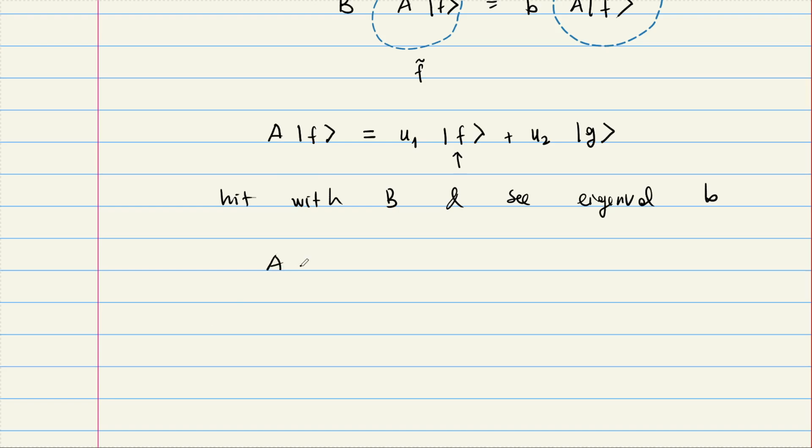So A times G is equal to U3F plus U4G. So it seems like F and G are eigenstates of B, but they don't seem to be eigenstates of A.